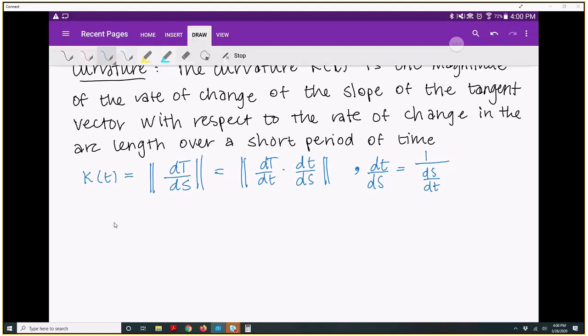And of course we know that ds/dt is the magnitude of r prime of t. So we have K of t is equal to the magnitude of T prime of t over the magnitude of r prime of t.